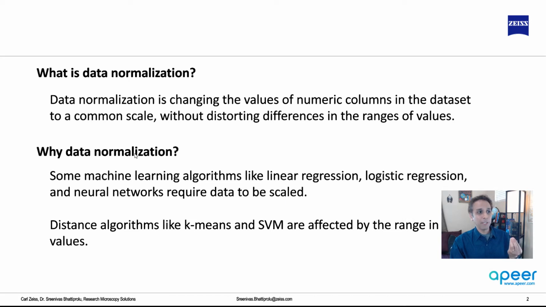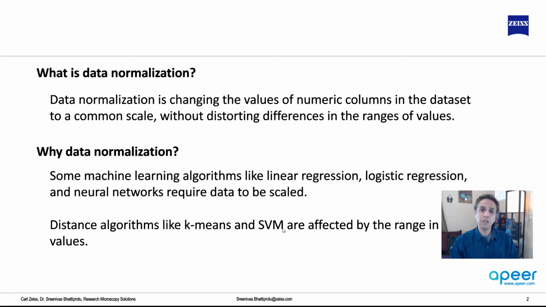Now, I just mentioned why normalization, because a bunch of machine learning algorithms, deep learning, regular learning, including linear regression and logistic regression, require data to be scaled. And I'll show you an example later on, but not just linear regression, logistic regression, and neural networks, but other approaches, for example, k-means and support vector machines.